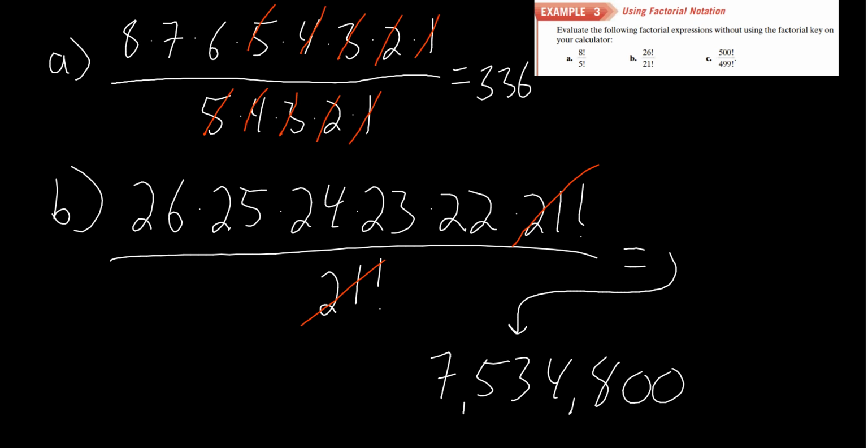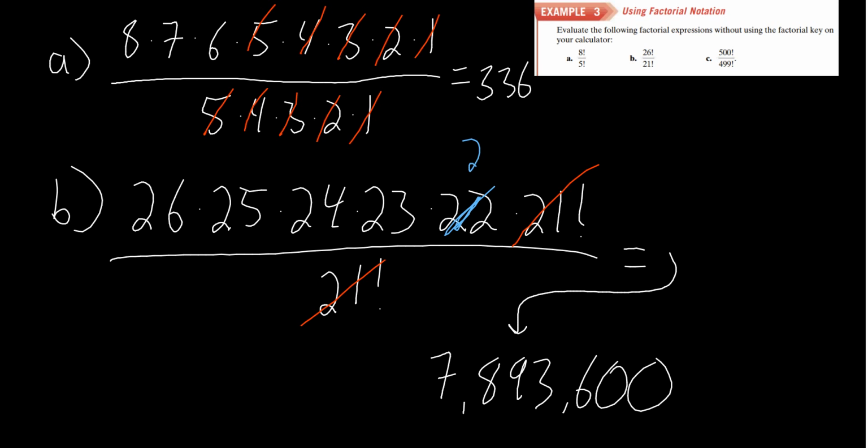Thank you for that. It's actually supposed to be 7, 8, 9, 3, 600. Sorry about that. For some reason I skipped the 22 and just wrote 21 into the calculator. Oh well, that would be hair pulling if I did it in the homework.